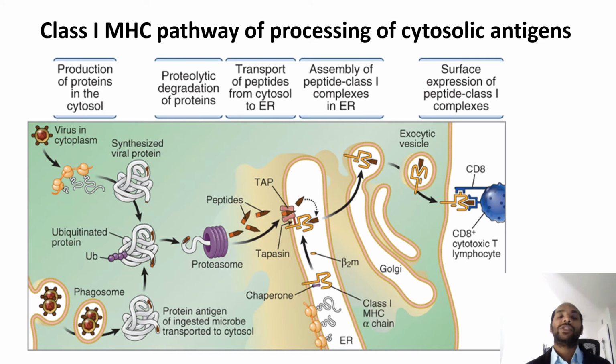This slide shows the detailed pathway of class 1 MHC processing of cytosolic antigens. It is a multi-step process. Initially, there is production of proteins in the cytosol. As I mentioned, these are synthesized viral proteins, first ubiquitinated and degraded in proteasomes.